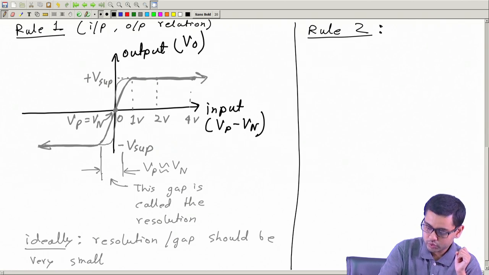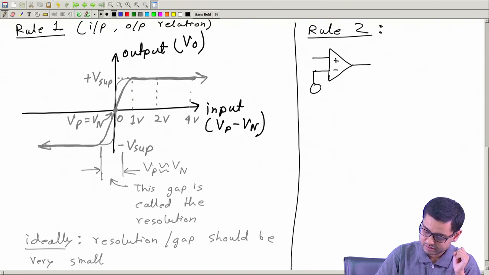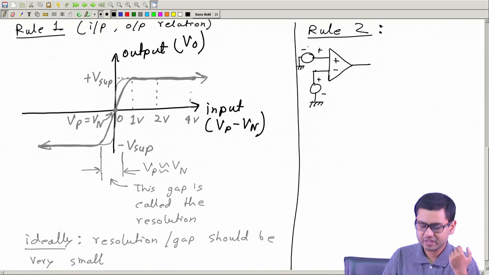And rule 2 says that this is my op amp, plus and minus, these are the two inputs. Now I can connect these two inputs to any voltage source, like this way.